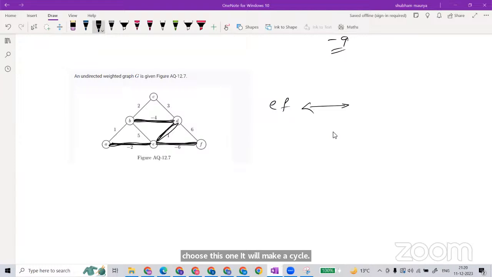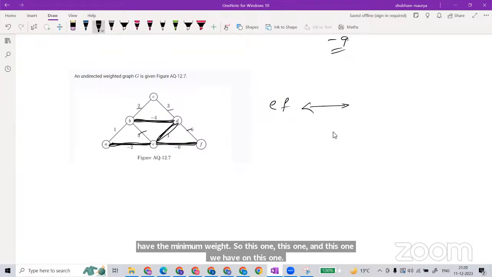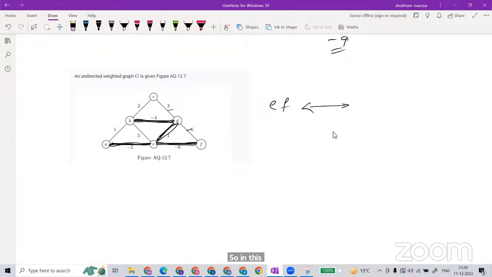So I will not choose this one now, except this one which has the minimum weight. So this one, and this one. Among these, 4 is the minimum, so I will choose this one. Slowly, piece by piece, I started choosing, and you will see that you get a connected tree.